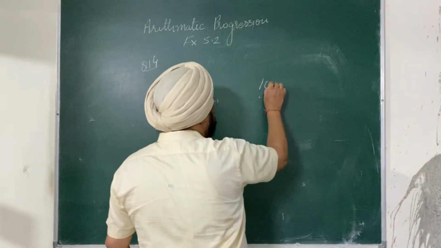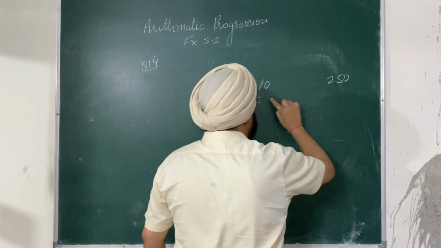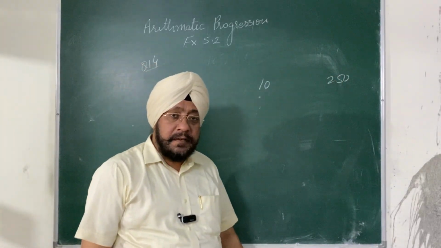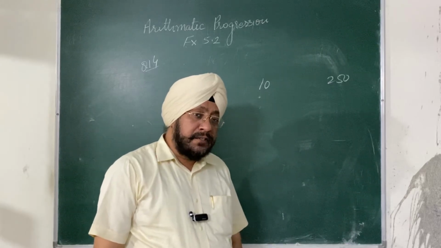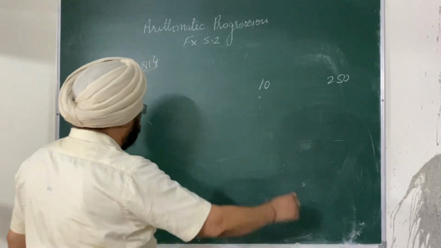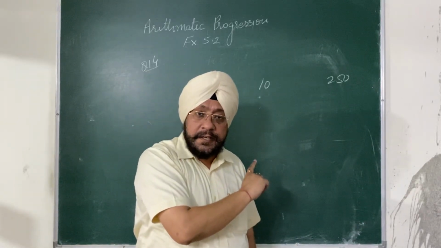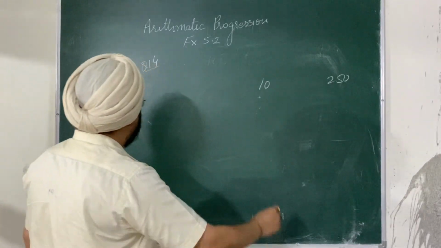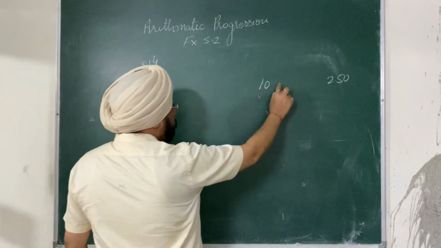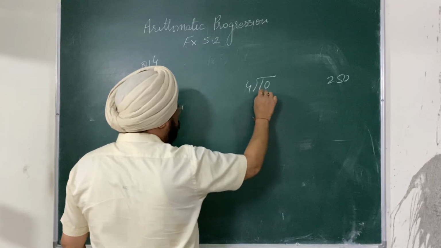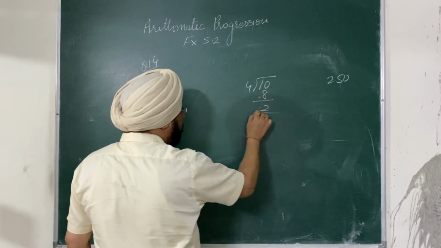So we are having the numbers from 10 to 250, but we have to take only those numbers which are exactly divisible by 4. So we have to calculate by the same method as we have discussed in question number 13. So first of all, divide 10 by 4, remainder is 2.